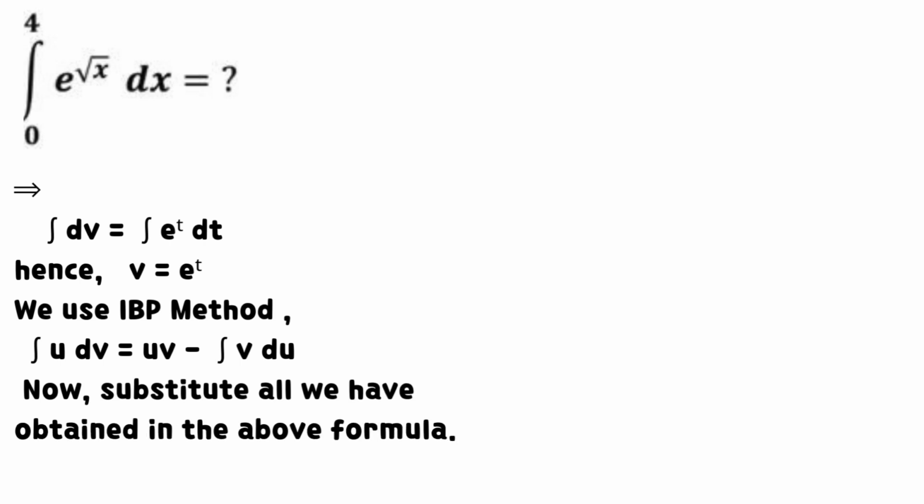Hence, v equals e to the power of t. We use the integration by parts method. That is, the integration of u times dv equals u times v minus the integration of v times du. Now, substitute all we have obtained into the above formula.